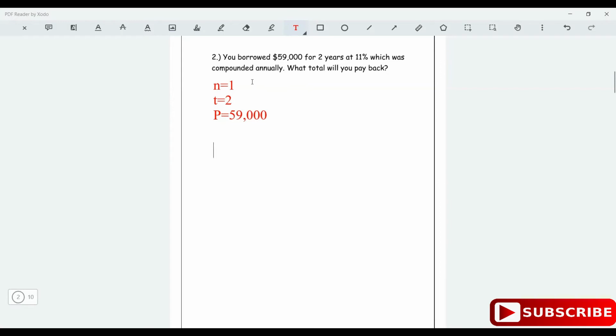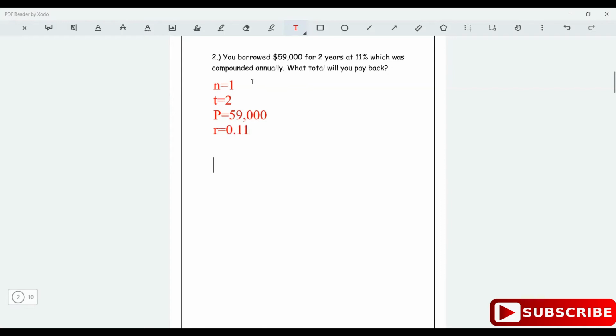So now, recalling the formula, the amount is equal to the principal times 1 plus r over n. Oh, we didn't write down the interest. The interest rate is 11%. 11% as a decimal is 0.11.